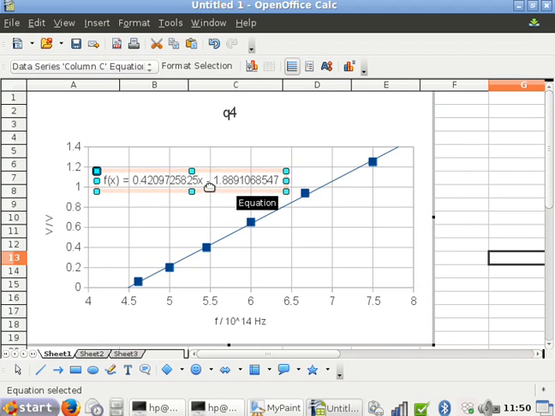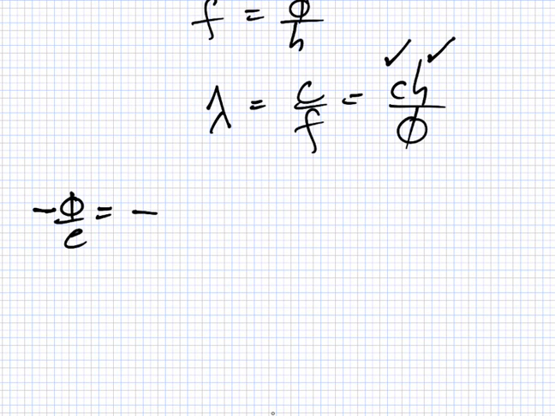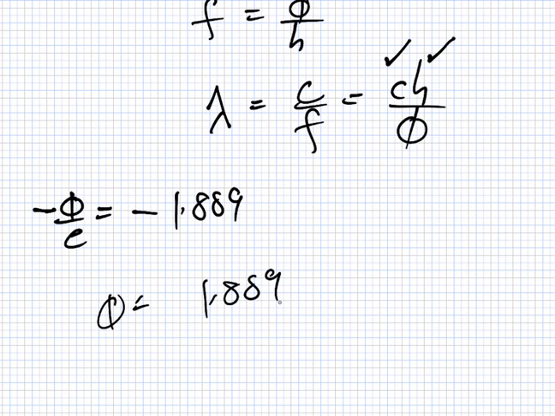So it's minus 1.889. On the exam, you always want to draw your graph so it crosses the y-axis, given enough space. So the work function is 1.889 times e.